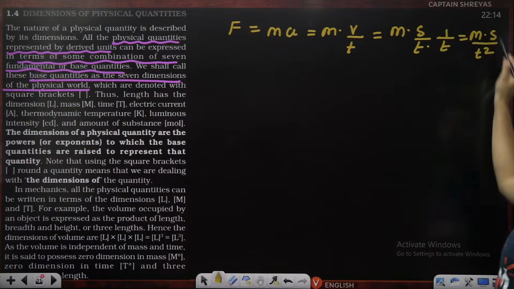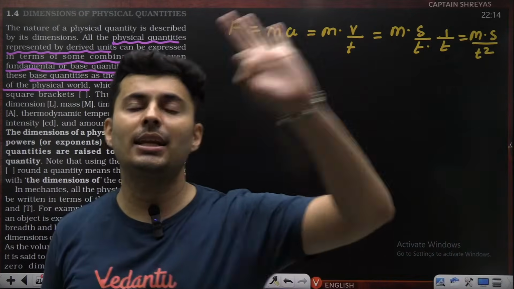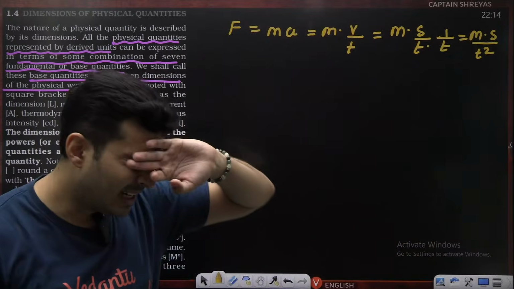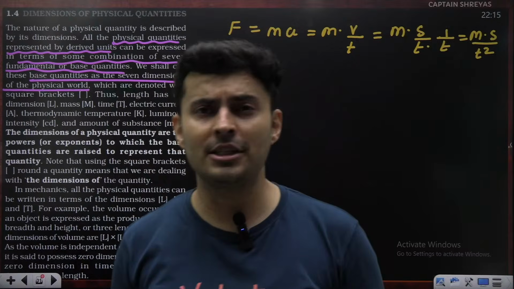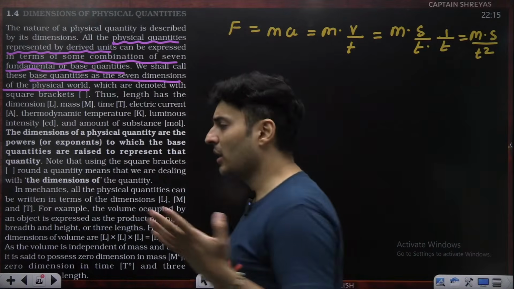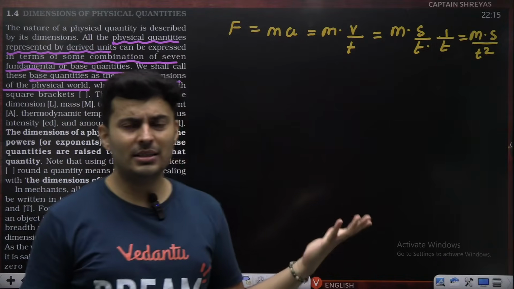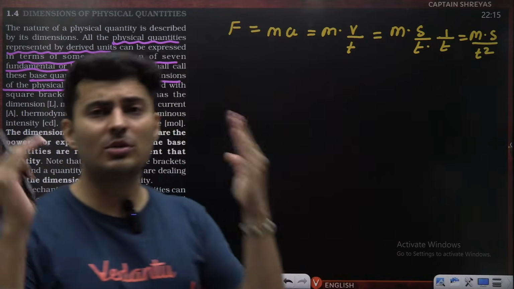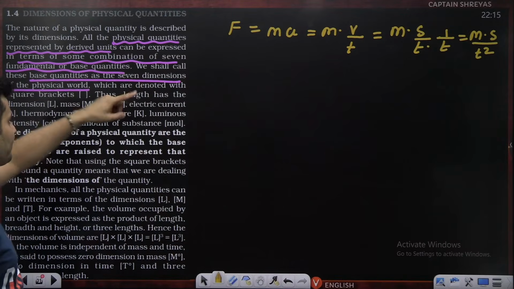So I've written it down in terms of the fundamental quantities. Same thing you can do with any derived quantity. You take any derived quantity: momentum, pressure, work, energy, angular momentum, torque, acceleration, velocity. All these are derived quantities, and you can always write them in terms of fundamental quantities, always.